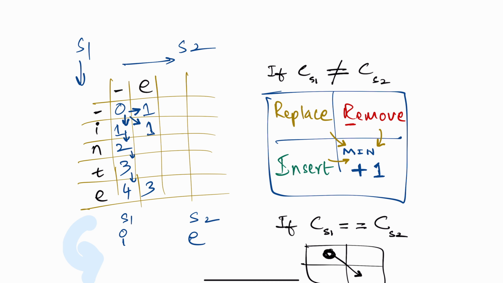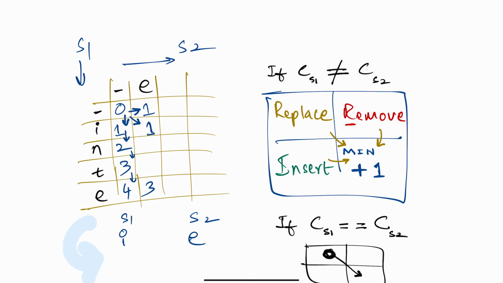Otherwise, what we can do is take the operations, which is replace, remove and insert, whichever is minimum out of these 3. Take that minimum operation plus 1. Because every operation we perform requires plus 1 operations, since C1 is not equal to C2.